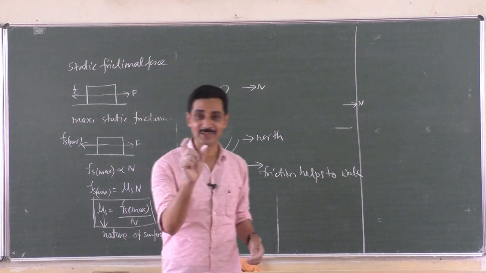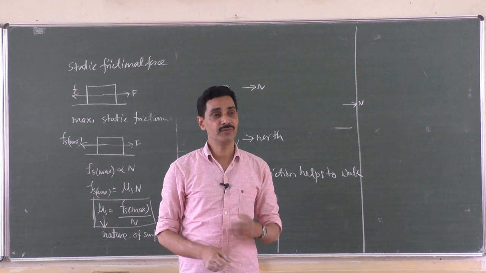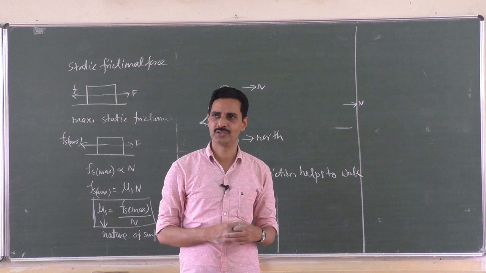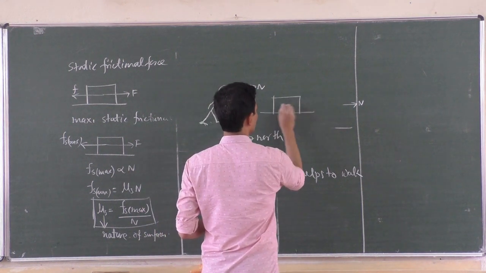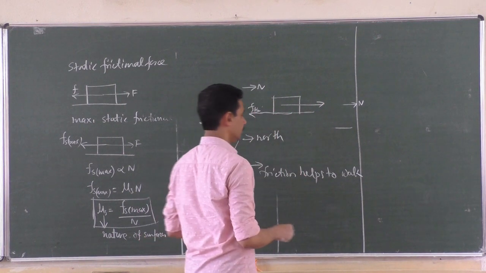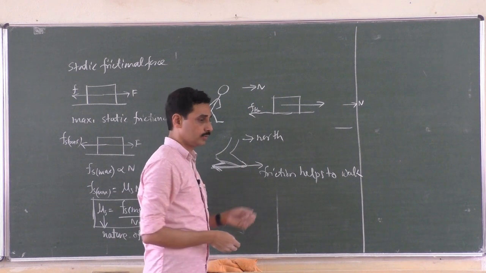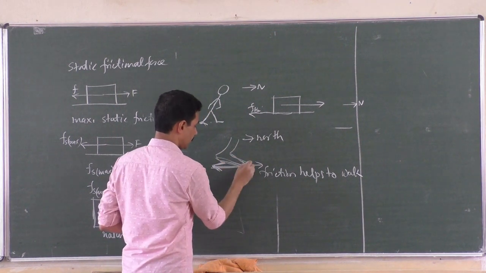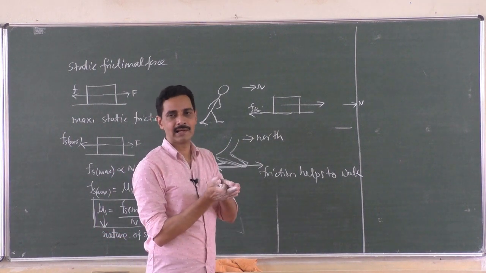That sentence is also a troubling one now. Sir, when kinetic, frictional force is always opposite to the direction of motion, we say. If you are just pulling a stone like this, frictional force will always be like this. That is kinetic friction. Here we are using static friction, because when you are trying to move, your foot and the ground will be at rest, right?